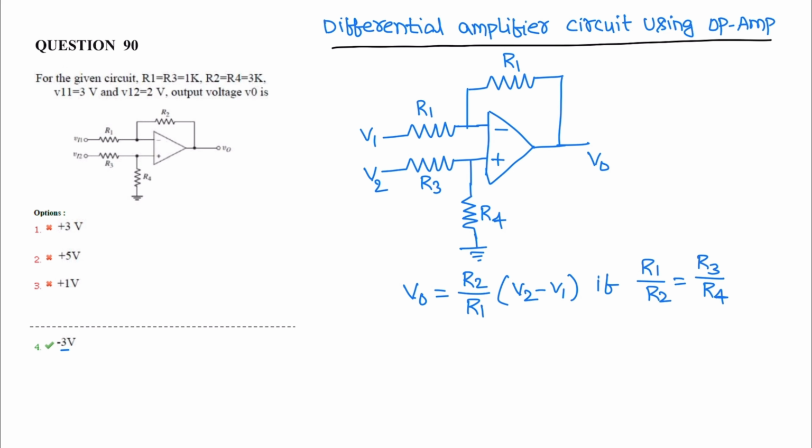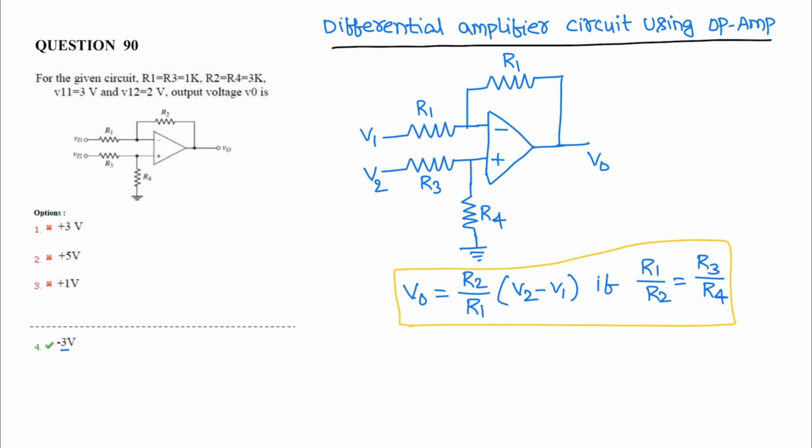Here the condition for output voltage is V0 is equal to R2 by R1 times V2 minus V1, and this condition is satisfied if R1 by R2 is equal to R3 by R4.